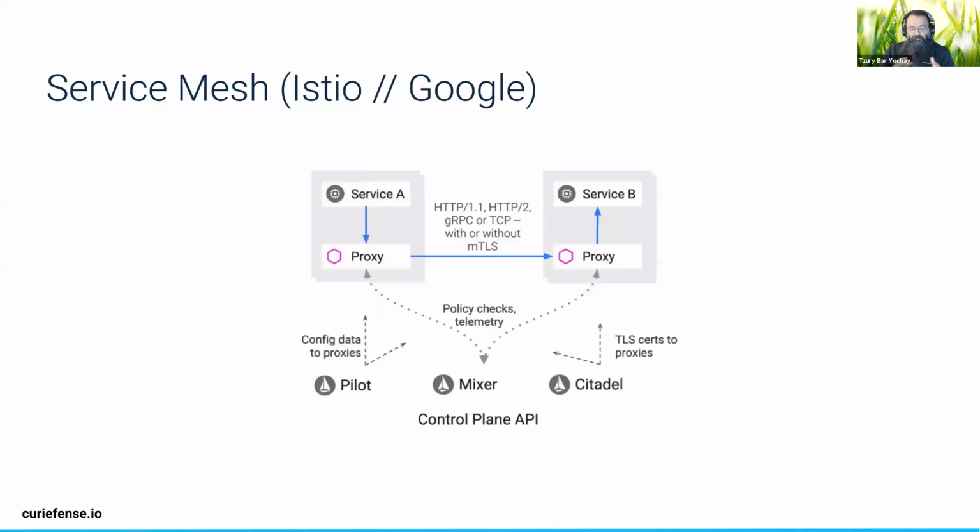So if you take Istio, for example, at the bottom of the control plane you can see Citadel, which takes care of TLS certificates, making sure there's mutual TLS across all the pods within the microservices, within Kubernetes. There is the Mixer, which basically does all the policy checking, telemetry, configuration, publications, and so on.